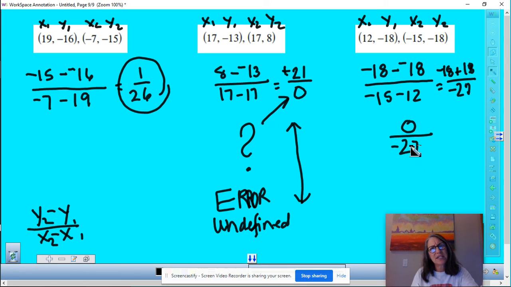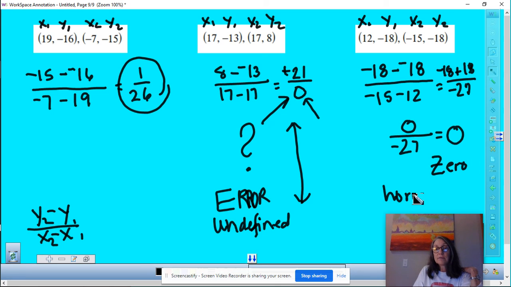Does that make it undefined? Well, no. If you put 0 divided by negative 27 in your calculator, guess what you get? 0. While I cannot divide by 0, I can divide into 0. And when I do that, I get 0. Guess what? This is a horizontal line. This one, of course, is a vertical line.